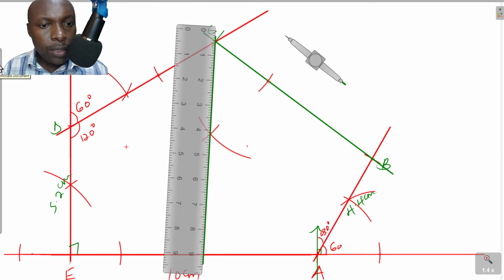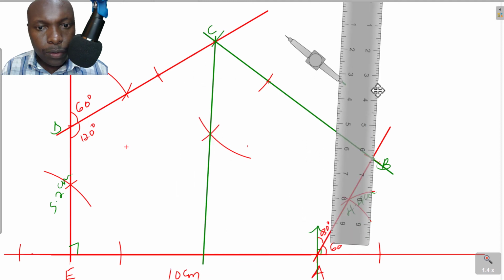The locus of points equidistant from lines CD and CB is that angle bisector. So we've done that.